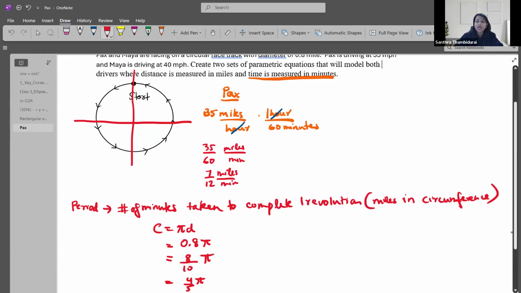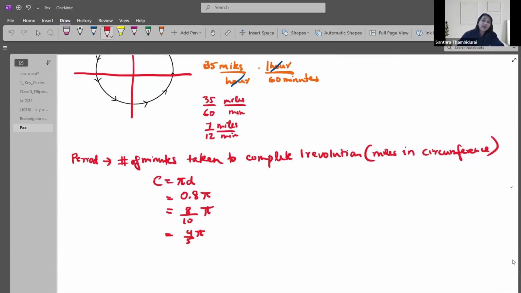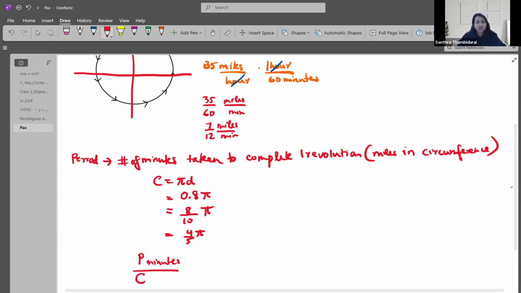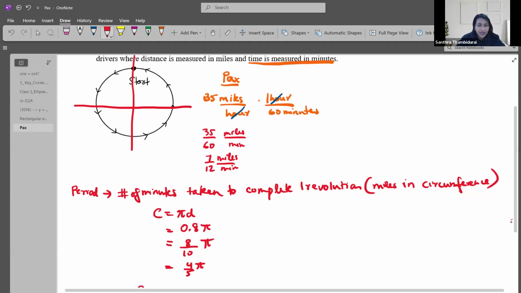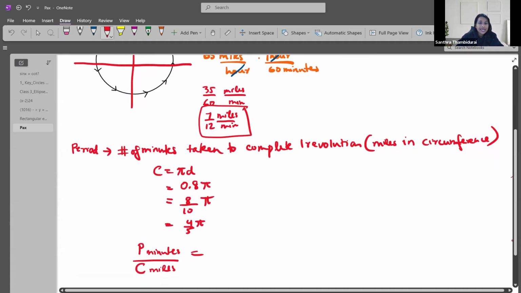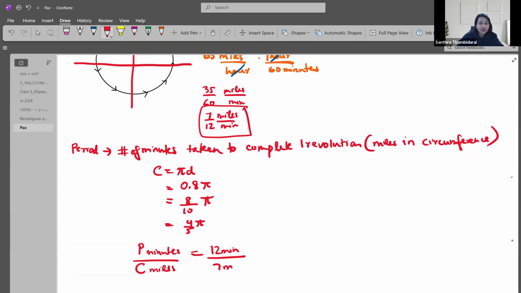That's your circumference. So in order to figure out the period, you can do a proportion. The period is the number of minutes it takes to drive the full revolution circumference, which is in miles, and you're given a speed also in miles per minute. So you know that it takes 12 minutes to drive 7 miles for Pax.